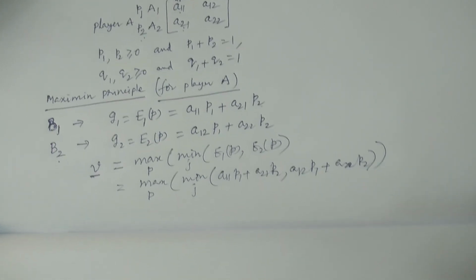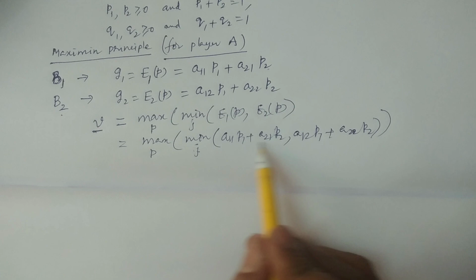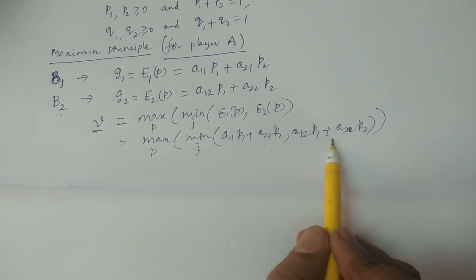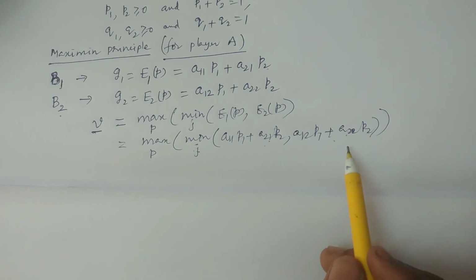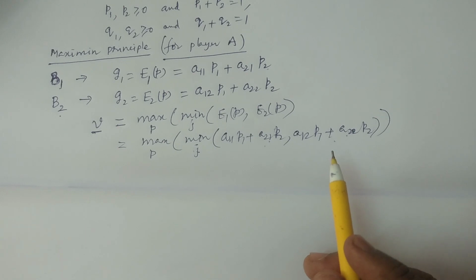Therefore, taking player A, these are the minimum expected gains. I write the value of the game as obtained by taking the maximum value. From the maximum value only, the value of the game is going to be obtained.